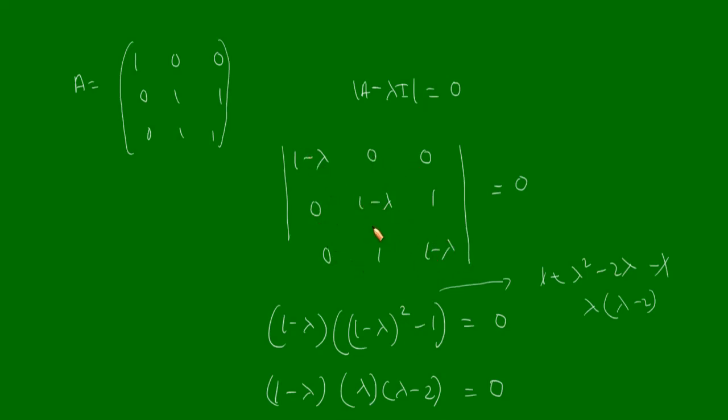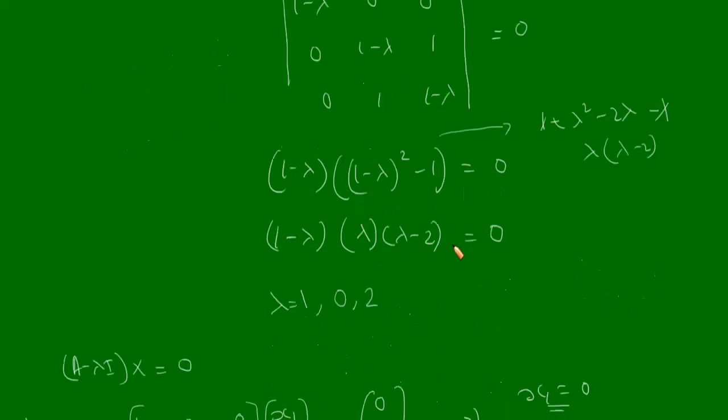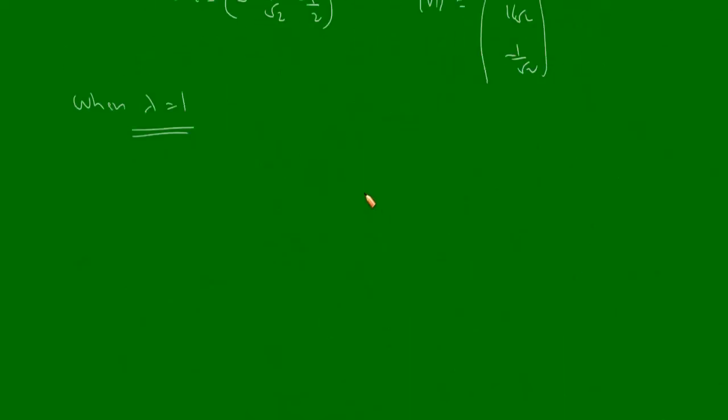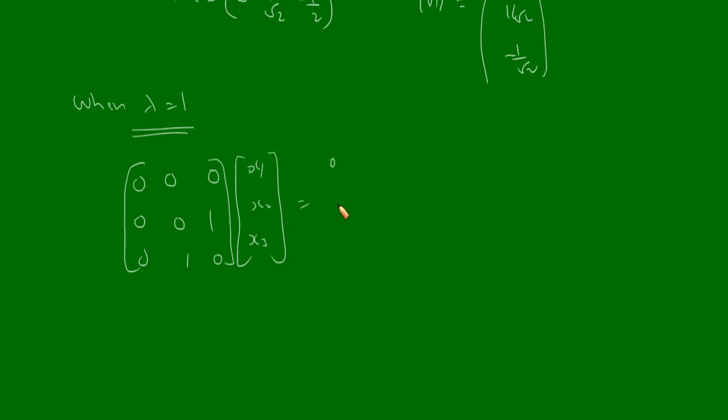Rest of the elements are as it is, we only substitute in the lambda. So our equation changes to 0 0 0, 0 0 1, 0 1 0, this into x, and x is x1 x2 x3, and that is equal to 0.